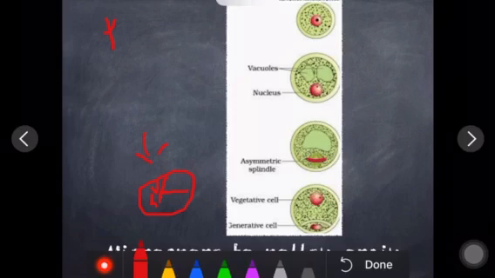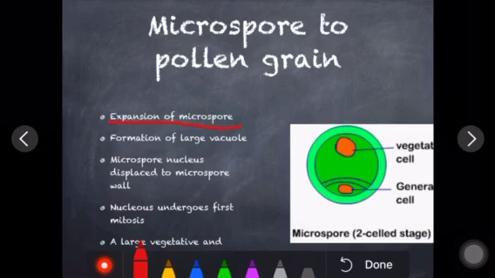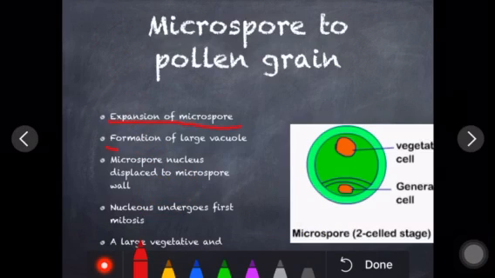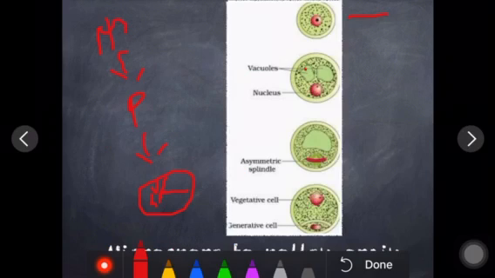So first we are talking about the microspore turning into the pollen grain. So this is the microspore. Now the microspore expands. Next, what will happen? Formation of a large vacuole will be there. Due to the presence of the vacuole, the nucleus will move towards the wall. As you can see, it is moving towards the wall instead of the center.